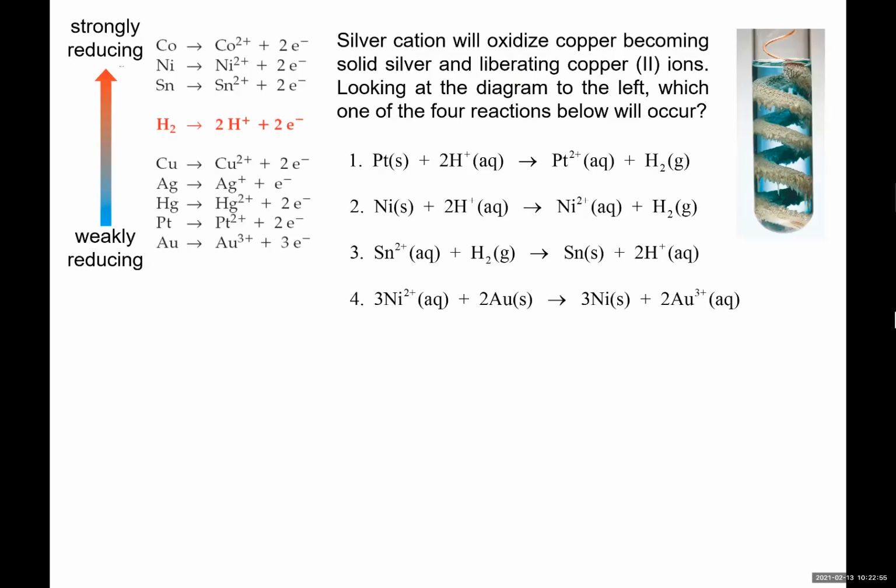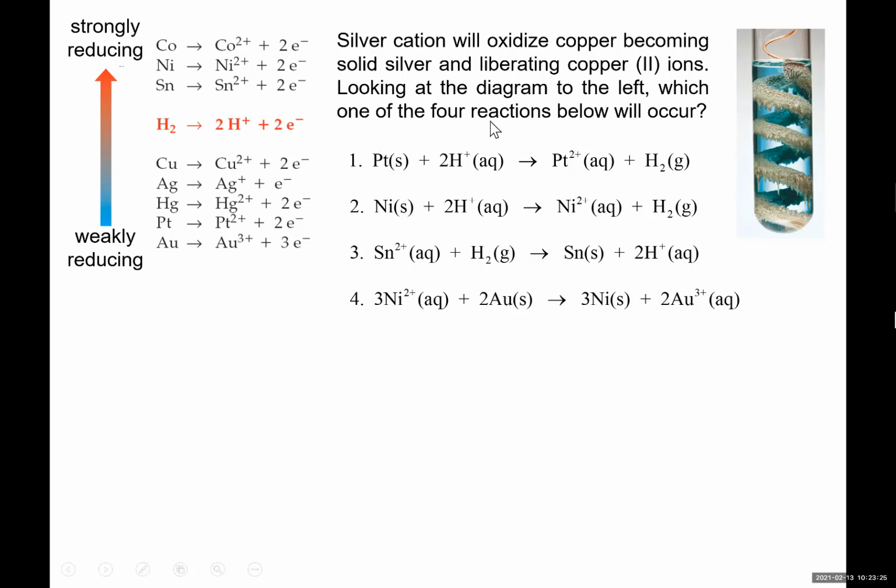Okay, so let's do this problem. We are asking you, look at these reactions. So let's see if we can answer this problem. The question is, which one of these four reactions are going to happen?